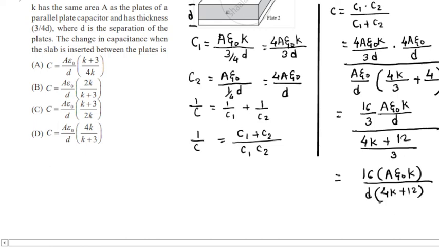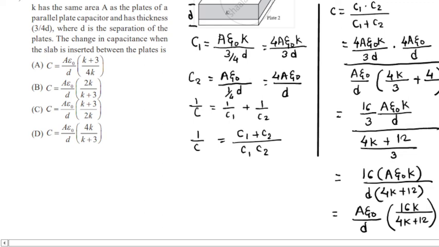Now, is there any such option? No. So we can rearrange that term to match the options. We take A epsilon 0 upon D outside, because in all the options there is A epsilon 0 upon D. Inside the bracket there is 16K, and the denominator is 4K plus 12.